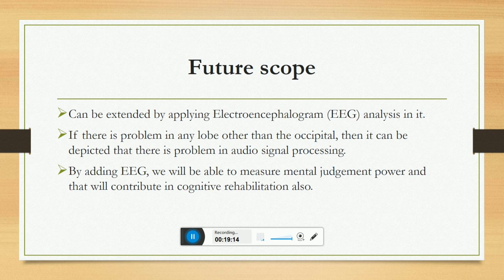If it detects that there is a problem in the occipital region of the brain, then it will mean that the player is visually weak. If there is a problem in any lobe other than the occipital, then it can be inferred that there is a problem in audio signal processing. By adding EEG, we will be able to measure mental judgment power, and that will contribute to cognitive rehabilitation also.